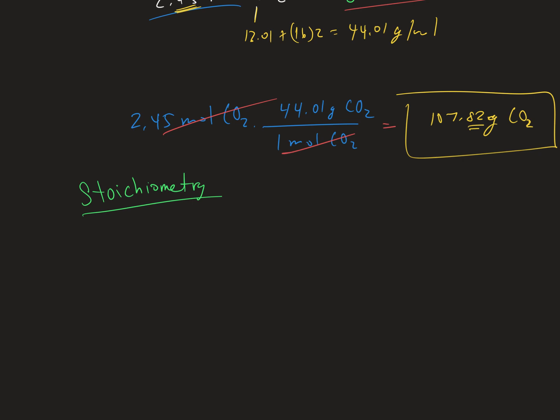All right, so stoichiometry is basically the quantitative relationship, meaning with numbers, between reactants and products in a chemical reaction.